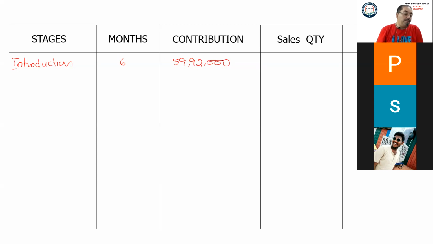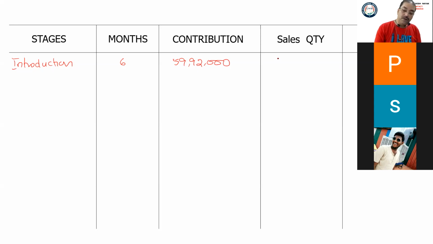Now do one thing. Quantity demanded in the introduction stage: 1,950 plus 3,800 plus 5,550. Take those totals and tell me what is the sales quantity. 37,450.